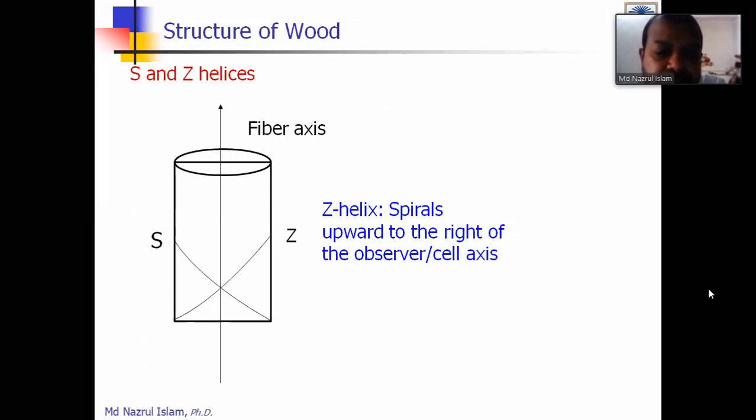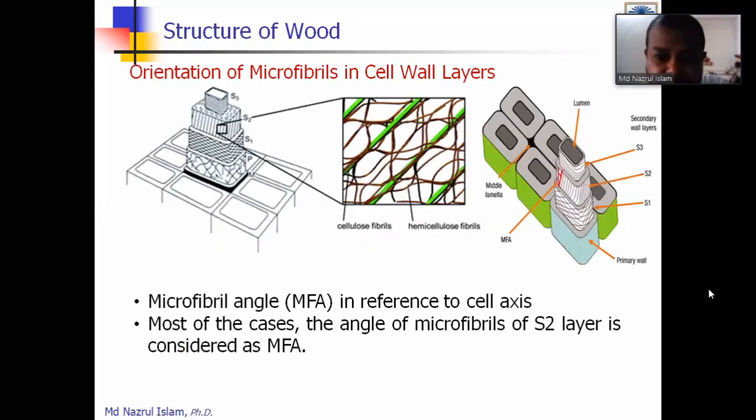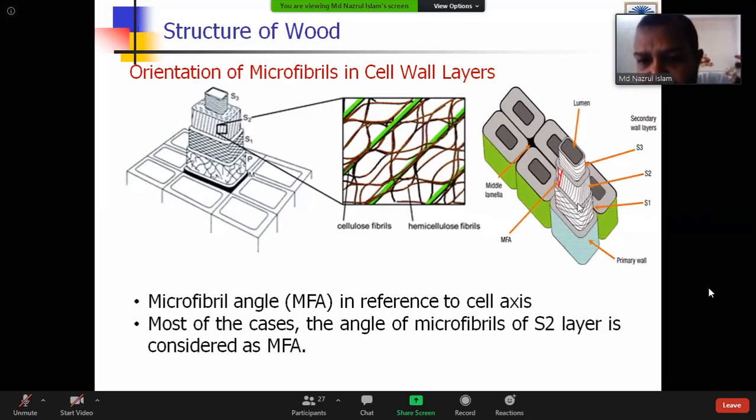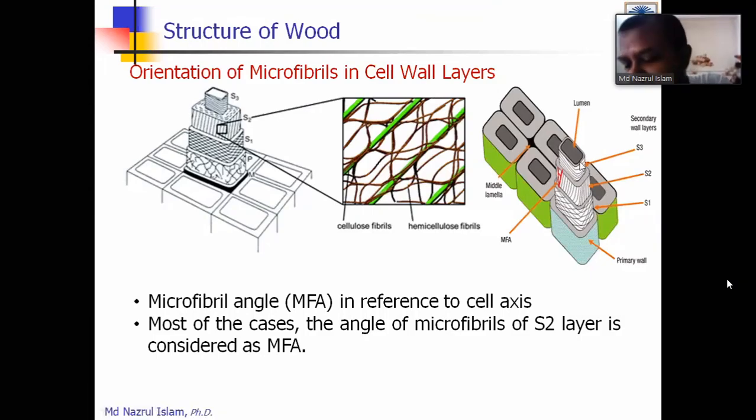So in this figure, you will see, look at the structure in the right side figure. You will see in the S1 layer there are two black lines, one going from right to left and one from left to right. But in the S2 layer, the lines are in an almost straight direction. And in the S3 layer, they are also left to right and right to left.